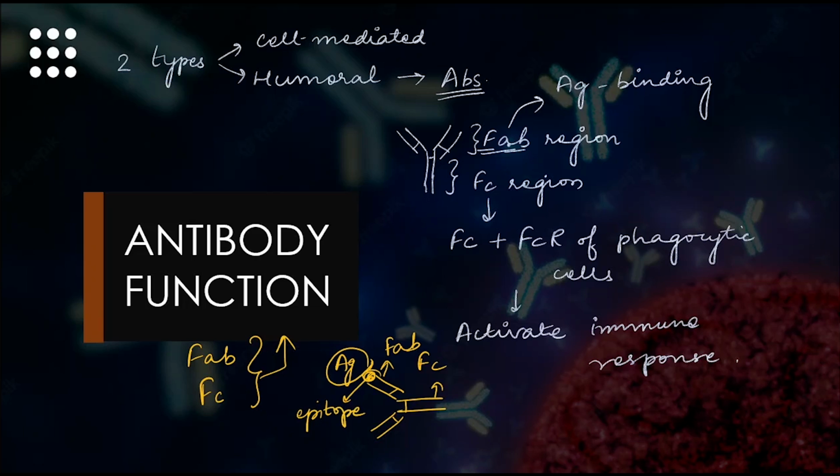When this FAB region interacts with the epitope of the antigen, the FC region will be interacting with the FC receptor of the phagocytic cell. This is the phagocytic cell and this is the FC receptor.